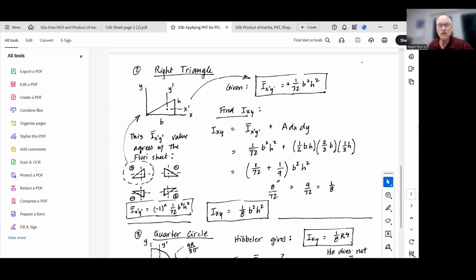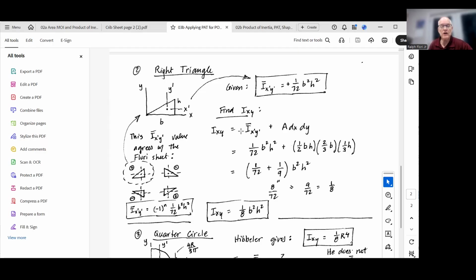And so you can factor out a b squared h squared, and you're left with 1/72 plus, the 2's cancel, so you're left with 1/9. If you multiply that times 8 over 8, you get 8 over 72. 8 over 72 plus 1 over 72 is 9 over 72, which is 1/8.